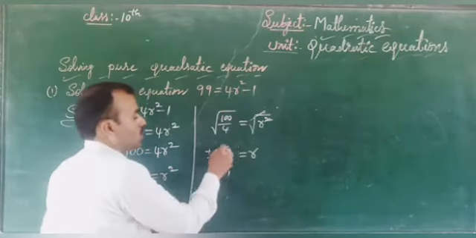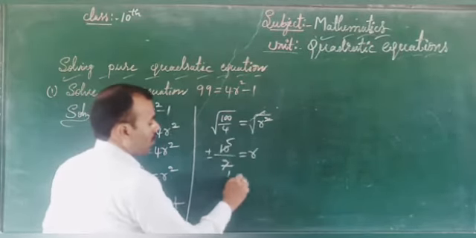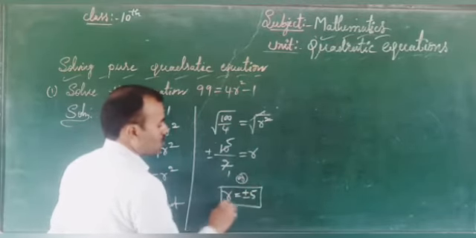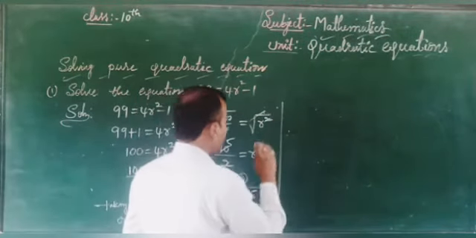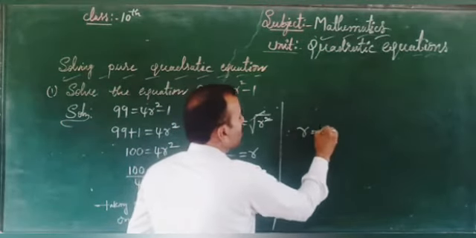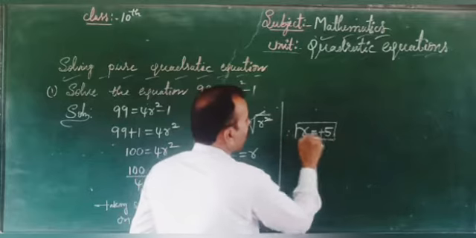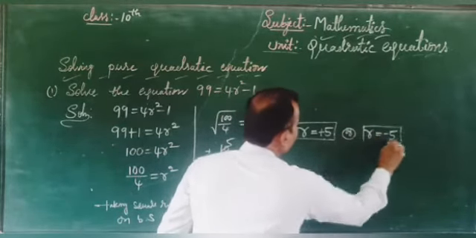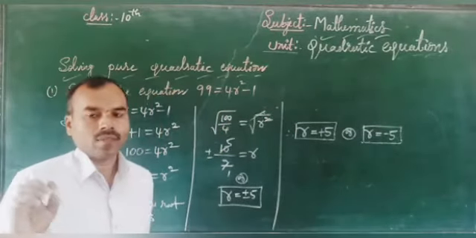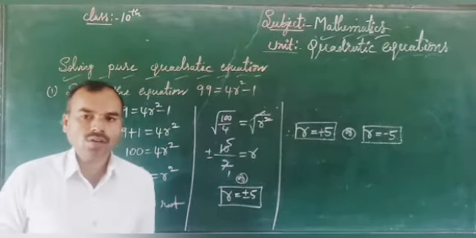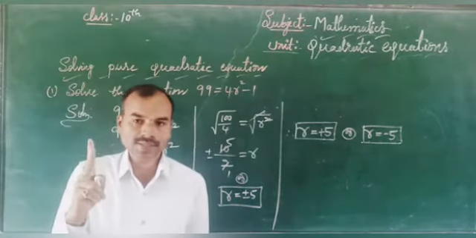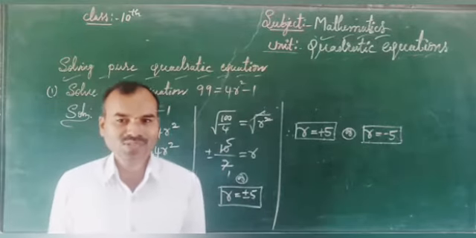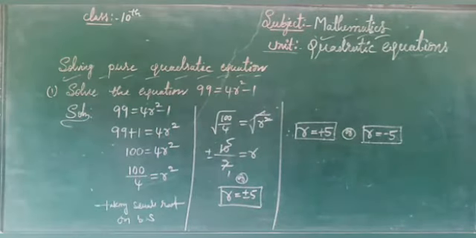So r is equal to plus or minus 5. So write both the values: r is equal to plus 5, r equals minus 5. You should remember each and every quadratic equation has two solutions. How many solutions? The quadratic equation has two solutions. Write down.